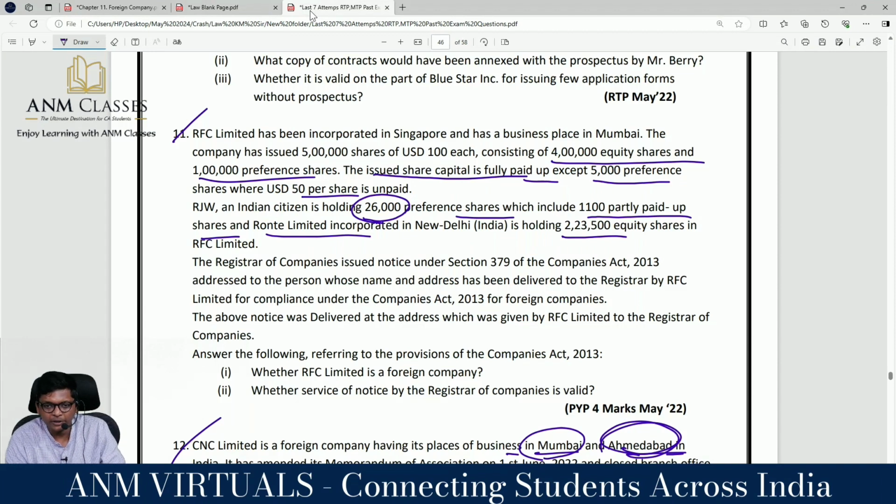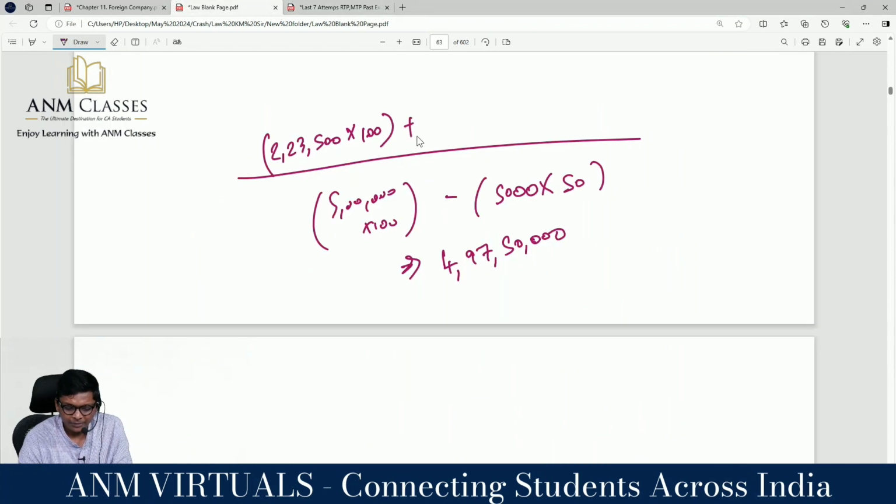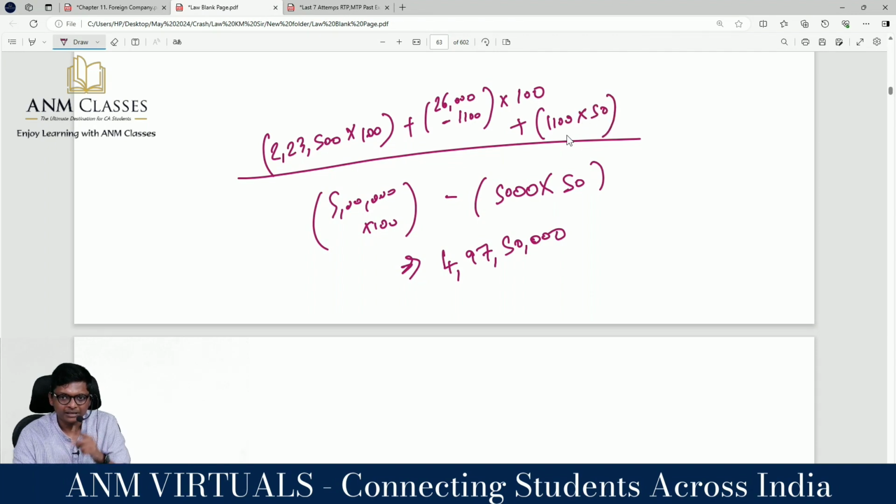For preference shares, how should I do it? 26,000, out of which 1,100 are partly paid up. So I will do plus 26,000 minus 1,100 into 100 plus 1,100 into 50. Making sense to you? Understanding? Remove the paid up part in the numerator and denominator. What's the percentage we are getting? Quickly compute, guys.